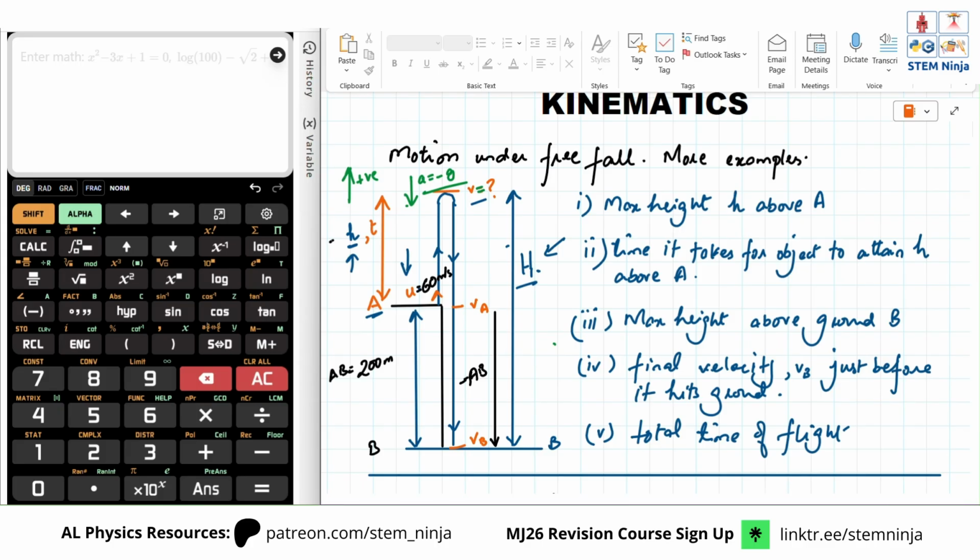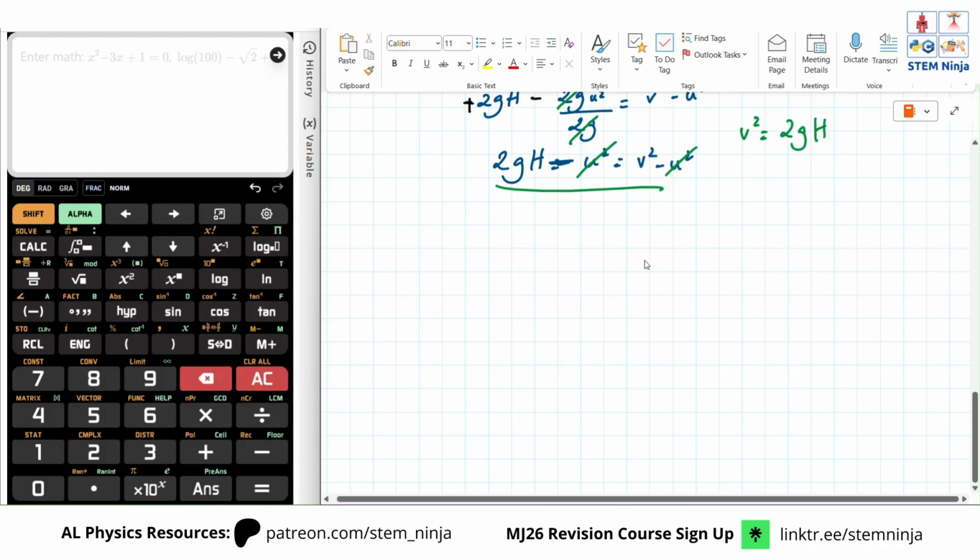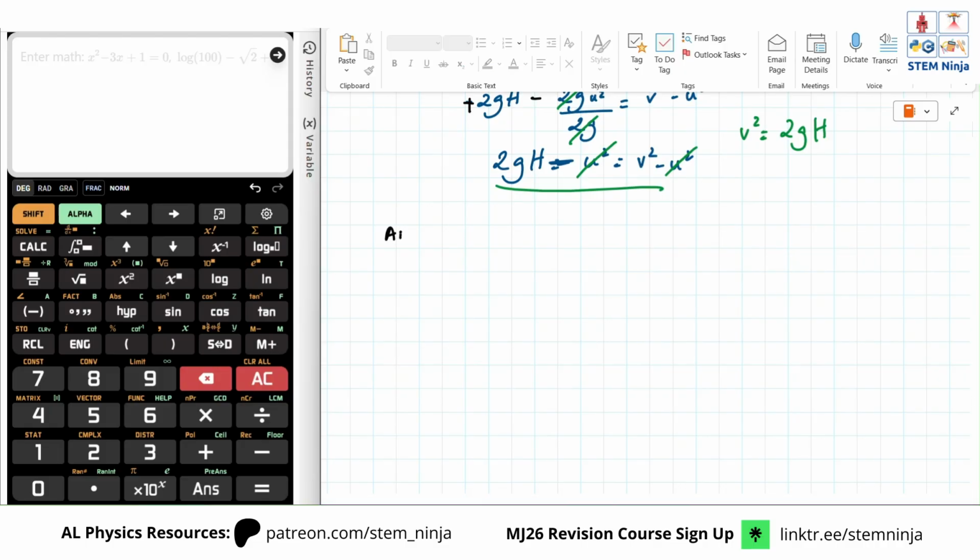We need to find out this height, we need to find out the time, and we need to find out the maximum height, and so on. So the only thing we'd have is AB is 200 meters, U is, let's say, 60 meters per second. So let's see how we would do that.